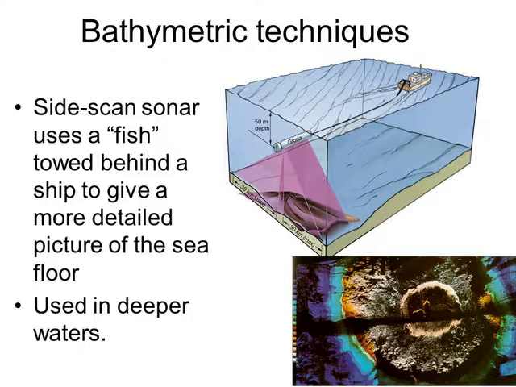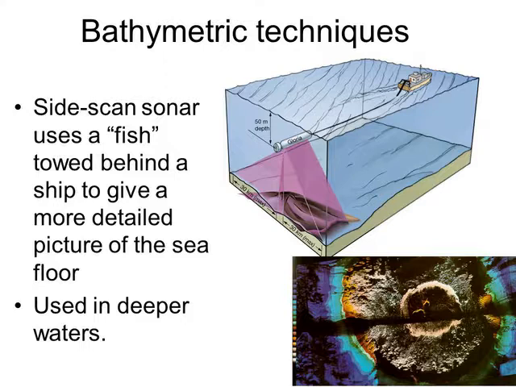In this case, this image over here, it's at 50 meters deep, and the swath in which it can register or send out sound waves is 30 kilometers on either side.